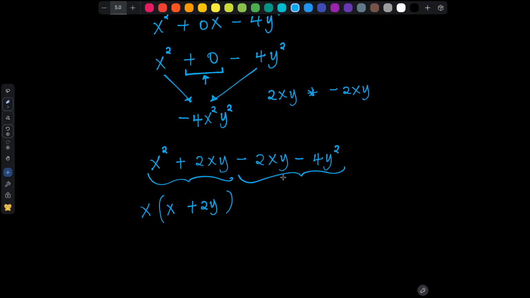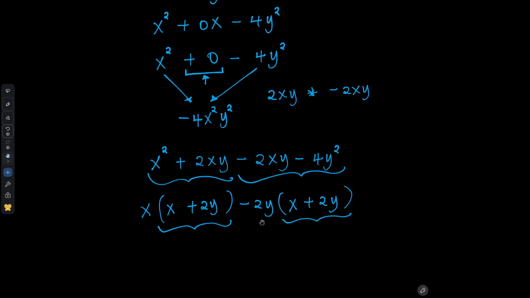Now let's come to the second pair. In this second pair, the common factor is negative 2y, so we factor out negative 2y. Negative 2xy divided by negative 2y leaves us with x, and negative 4y squared divided by negative 2y leaves us with positive 2y. Now notice that in the first term we have x plus 2y, and in the second term we also have x plus 2y.